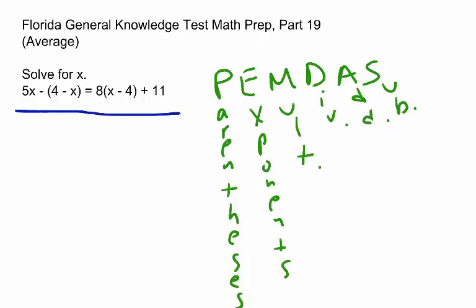Now I do see that I have some multiplication. I need to apply the distributive property, and here in our first set of parentheses, I need to distribute or multiply -1 across both terms, and on the right hand side I need to distribute or multiply 8 across both terms.